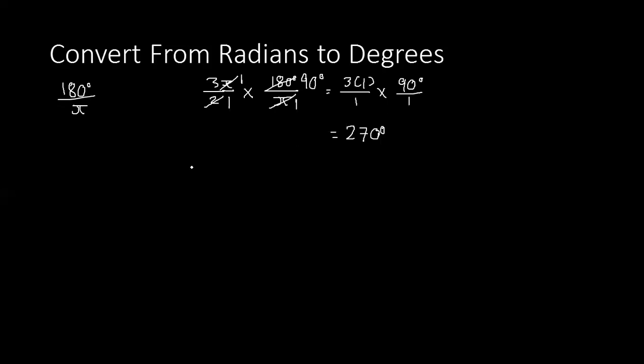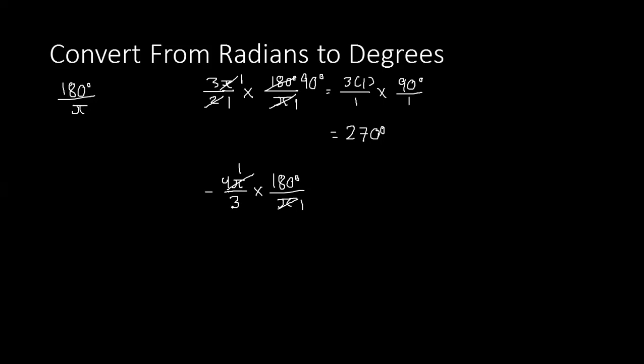See, that's easy. Now next, let's say we have negative 4 pi all over 3. Here, we will do the same thing. We will multiply it by 180 degrees all over pi. As usual, we're going to cancel the pi's, which will give us 1 on both sides. And we're going to simplify 3 and 180 degrees by dividing them by 3, because both of them are divisible by 3.